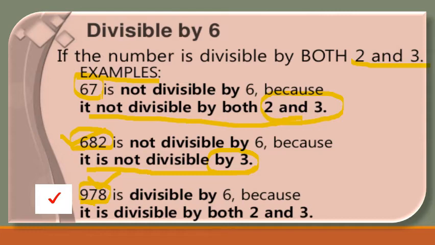Now, add 9 plus 7 plus 8, we will get 24. So, 24 is divisible by 3. So, the number 978 is divisible by both 2 and 3. Hence, it is divisible by 6 also.